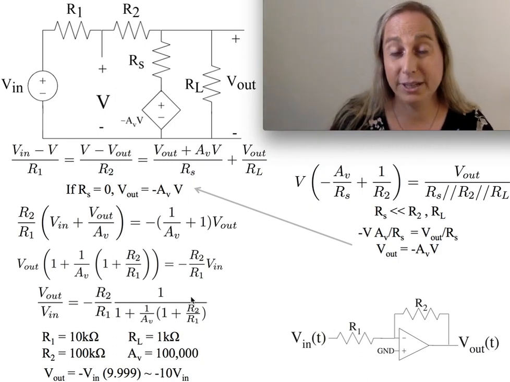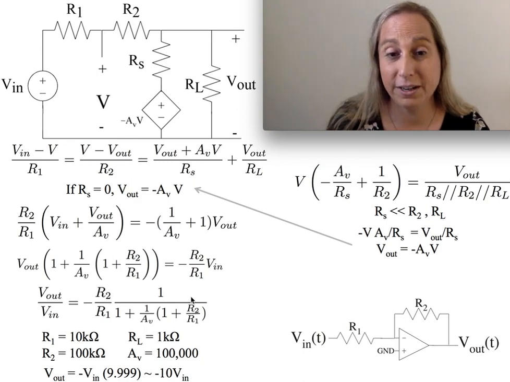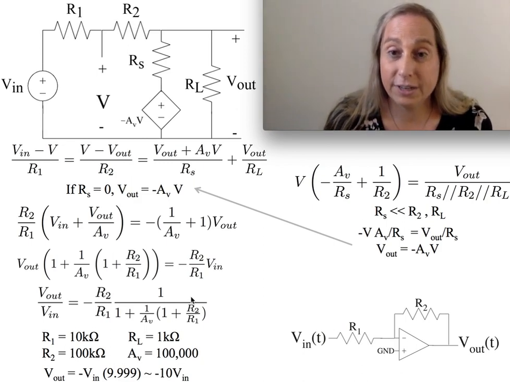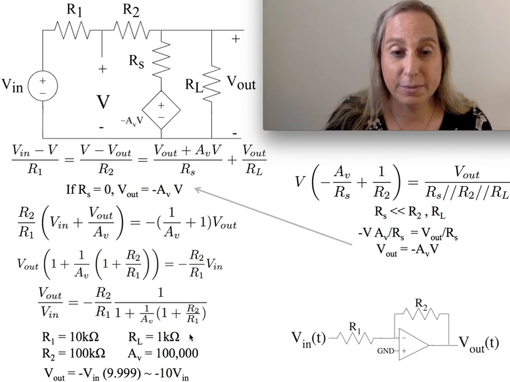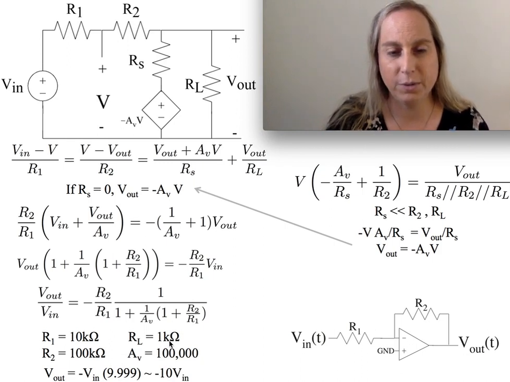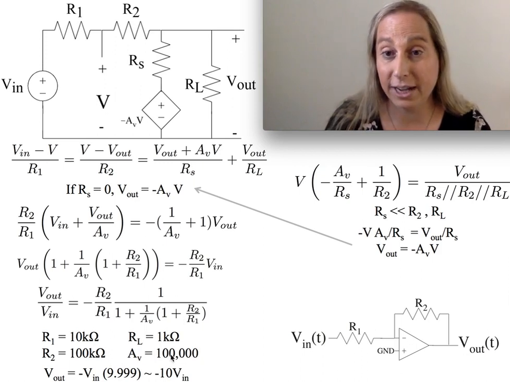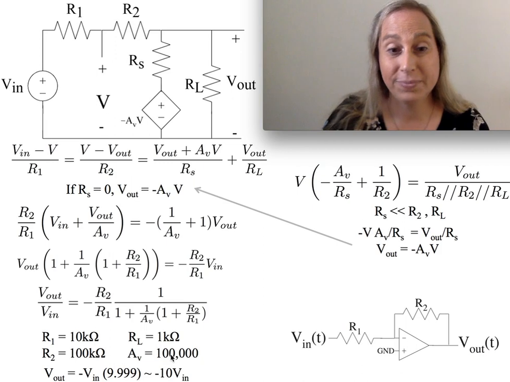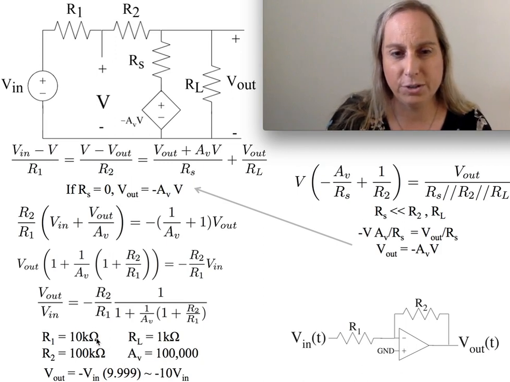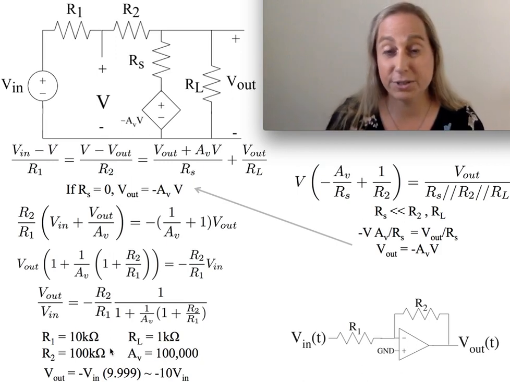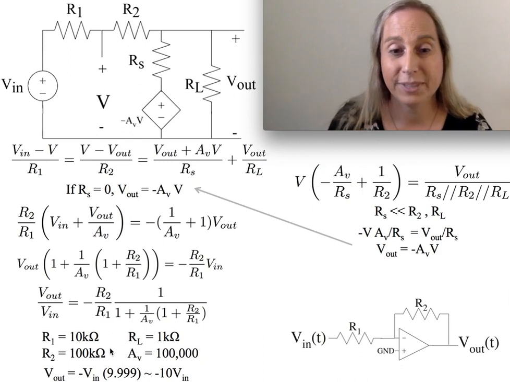Well, in practice, you're going to build this into an amplifier where the gain is fairly high. So let's take a typical set of numbers. Maybe this is going to drive a 1 kilo ohm load. Of course, it doesn't really matter; it doesn't show up in the numbers here. A gain of maybe 100,000, which is a pretty typical number. And R1 and R2 are 10K and 100K, typical numbers you'd find with discrete elements in a lab.